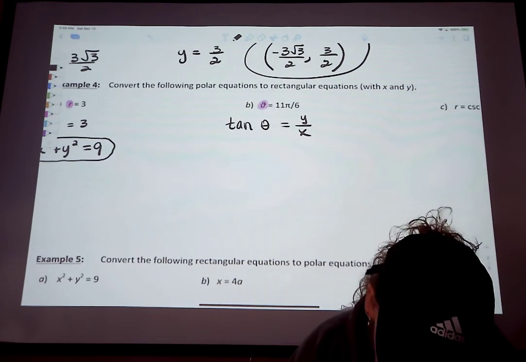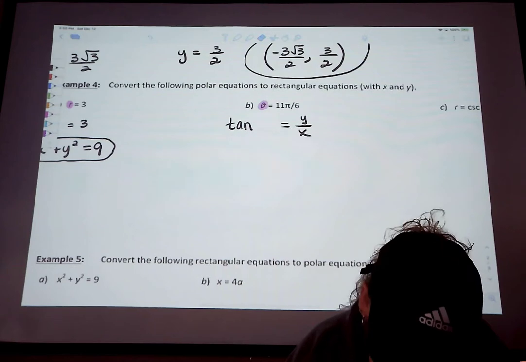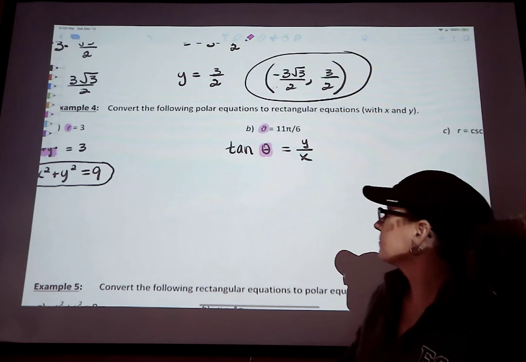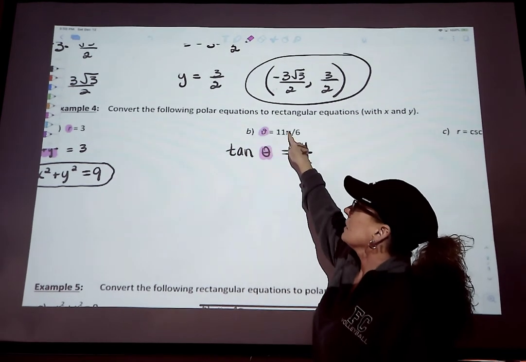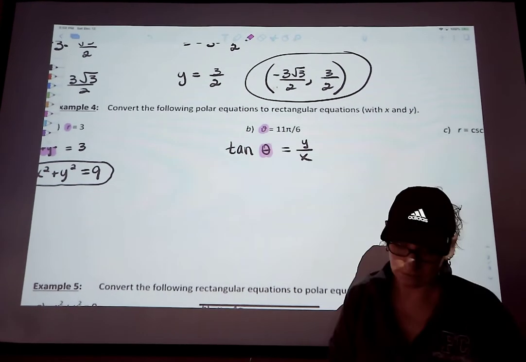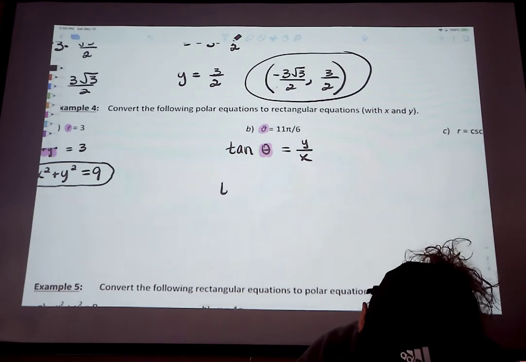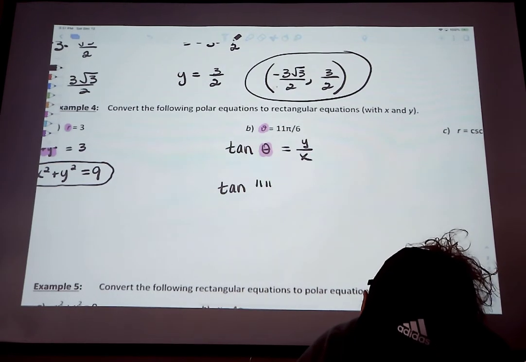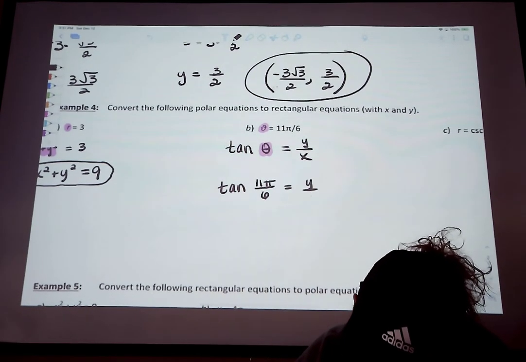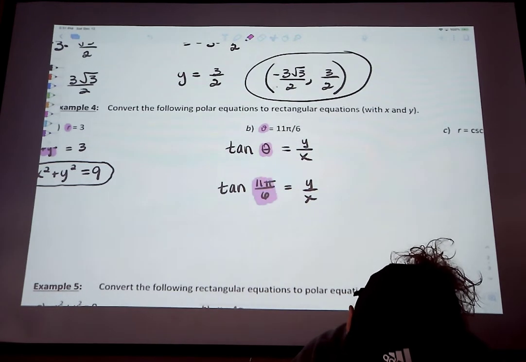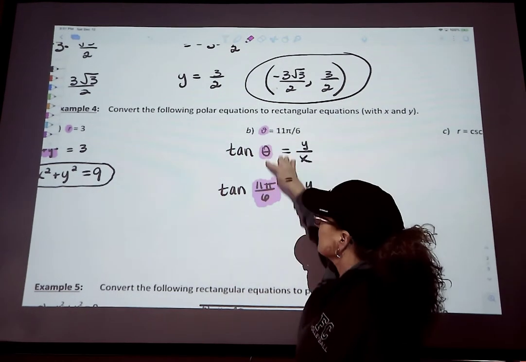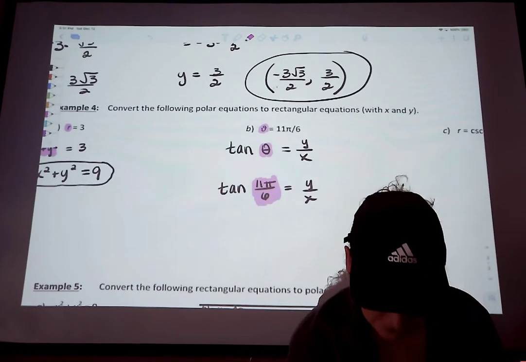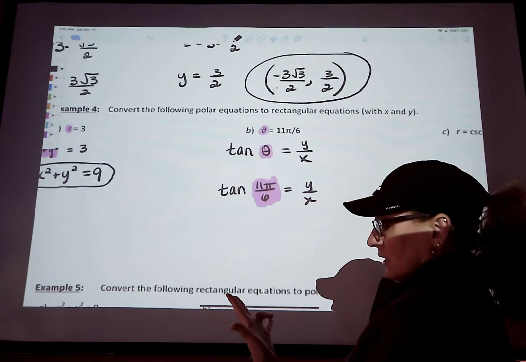This is what I need to replace. Tangent of 11 pi over 6. See what I did there? What is tangent of 11 pi over 6?